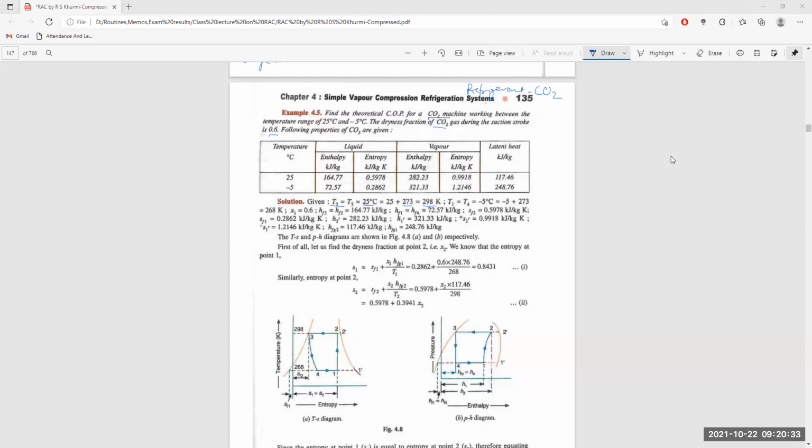Here we have four items: compressor, condenser, throttling valve, and evaporator. Which one of them is making the suction?